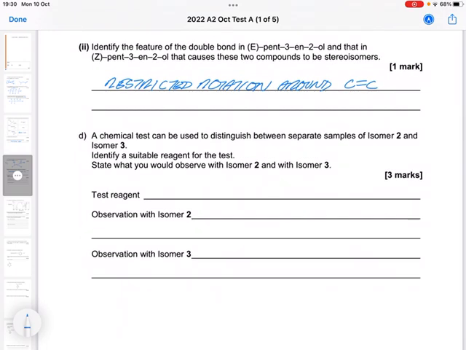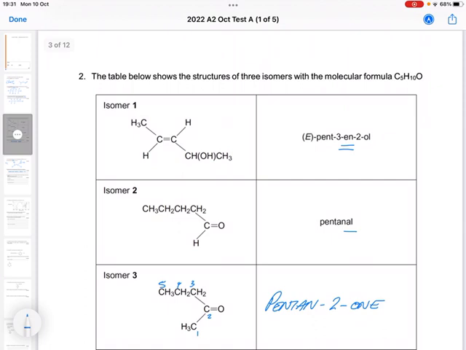Part D: a chemical test can be used to separate samples of isomer 2 and isomer 3. Identify a suitable reagent and what you would observe with 2 or 3. So 2 and 3: this is an aldehyde, and down here we have a ketone. Aldehydes can be oxidized further, so you can take your pick from Tollens reagent, Fehling solution or acidified potassium dichromate.